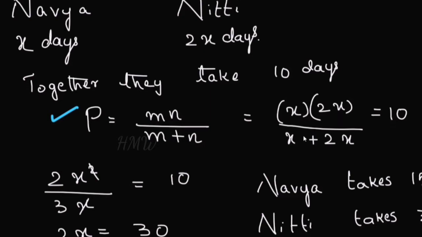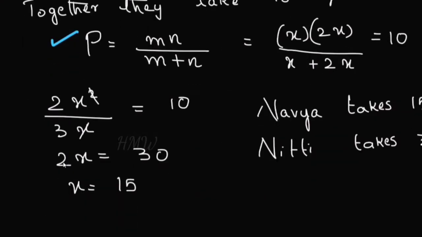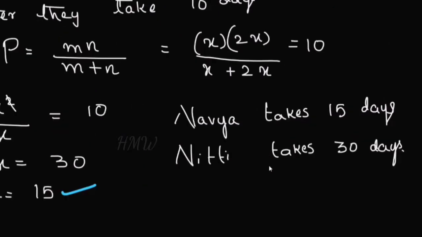So X into 2X by X plus 2X, where X is the number of days taken by Navya and 2X is that of Niti. So 2X square by 3X. X and X get cancelled, so you get 2X by 3 is 10. So 2X is 30, X is 15. So Navya takes 15 days and Niti takes 30 days.